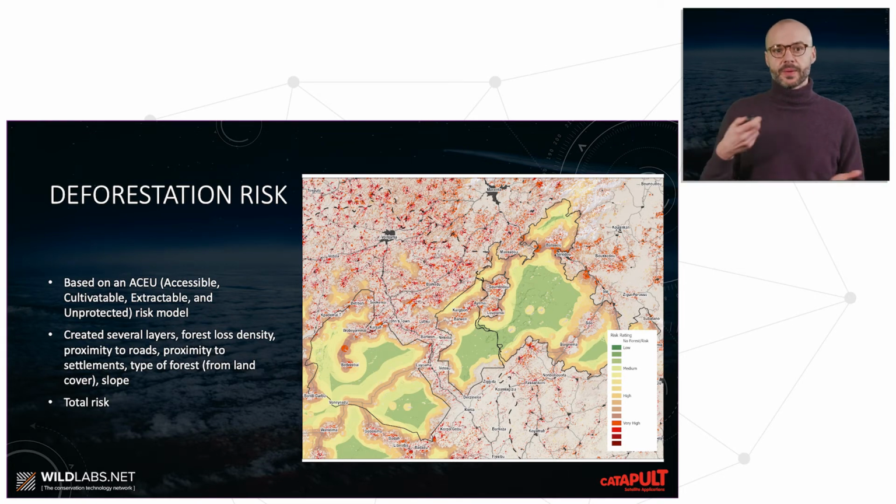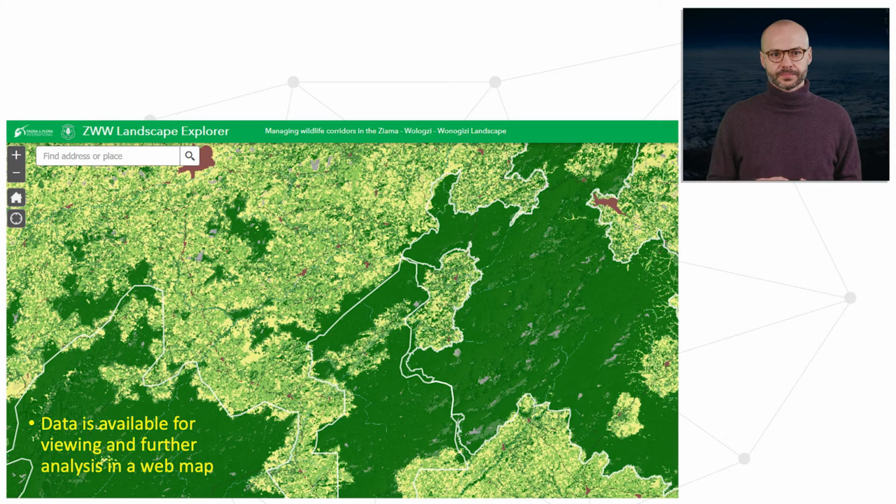Deforestation can actually be mapped, and we can create maps such as the risk of deforestation, as in this specific example, where we created a deforestation risk. You might recall a flooding risk in a previous video. We can do a similar approach for deforestation by using Earth observation data.